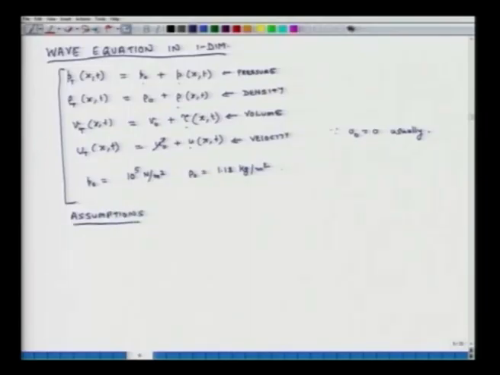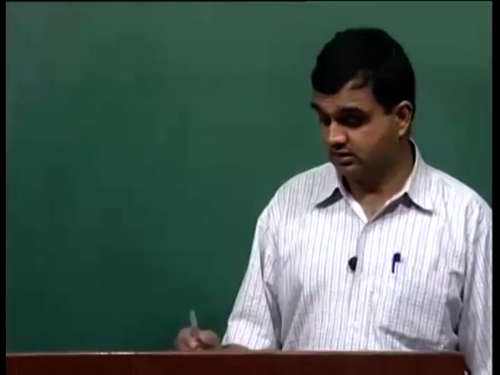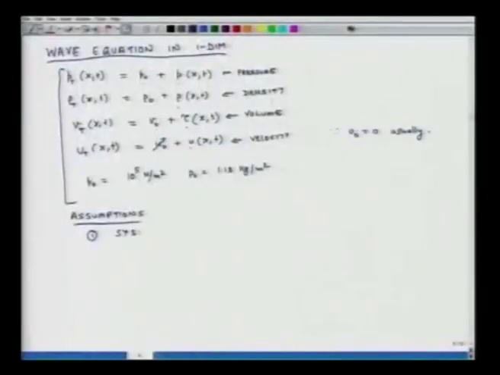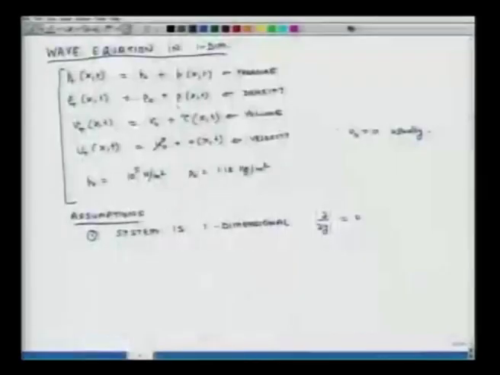The first assumption is that this is a one dimensional system, and what that means is that del over del y, that is the partial derivative of any variable with respect to y, is equal to 0, and del over del z is also equal to 0.